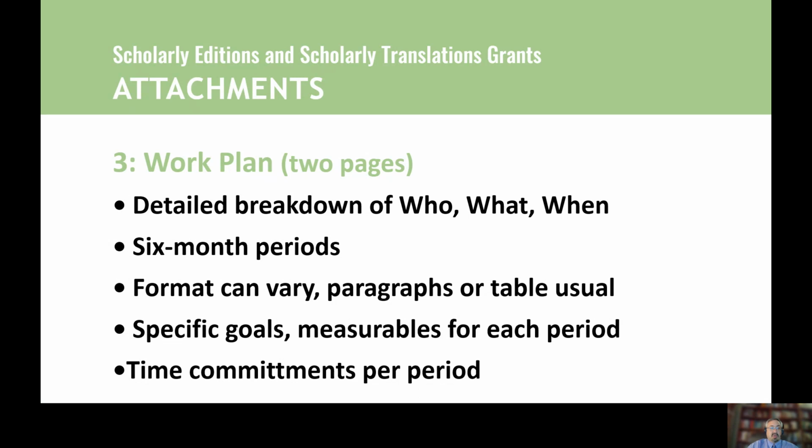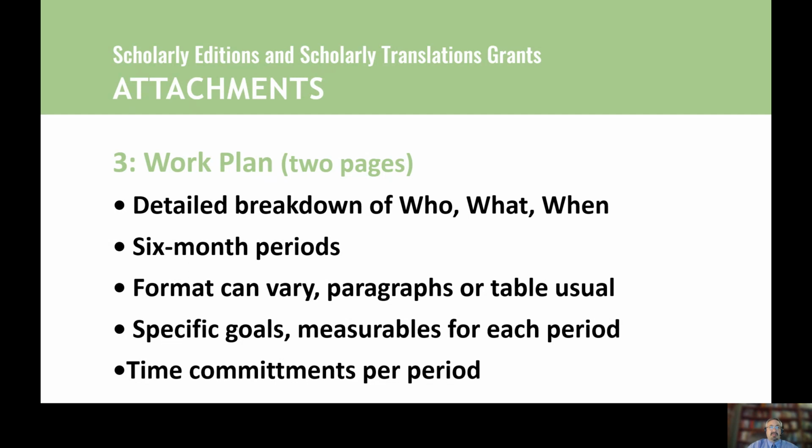Attachment 3 is a work plan, which if you've done these applications before might be new to you. This is where we actually ask you to break down the who, what, when, where of the project into 6-month periods in some kind of table with goals for each period and time commitments.